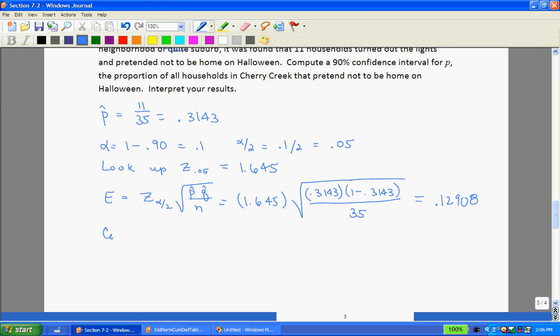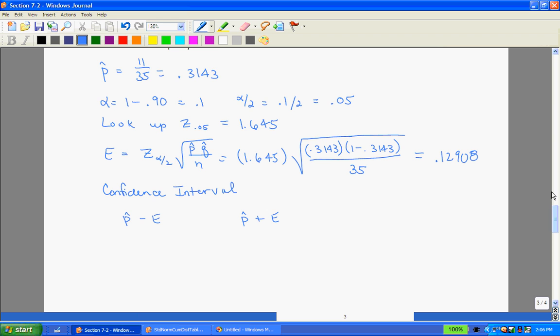So now for the confidence interval, I'll take P hat minus E is one side, and P hat plus E is the other side. So this would be 0.3143 minus 0.12908, whereas this would be 0.3143 plus 0.12908.